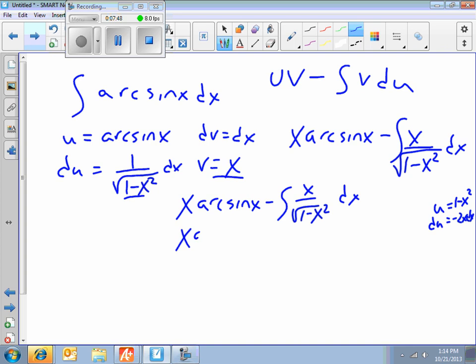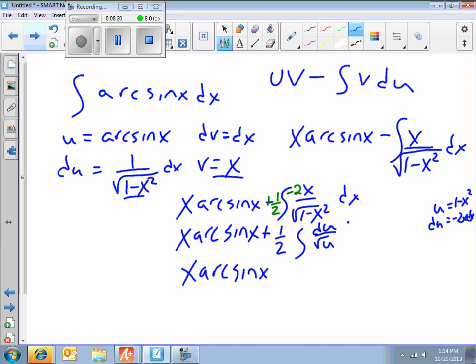Now, you reviewed these techniques in the last section, but this is u substitution. I need a negative 2x here to have the derivative of what's inside, which means I need to bring a negative 1/2 out here. So now I have x arc sine x plus 1/2 the integral of du over the square root of u, which is the integral of u to the negative 1/2 du.